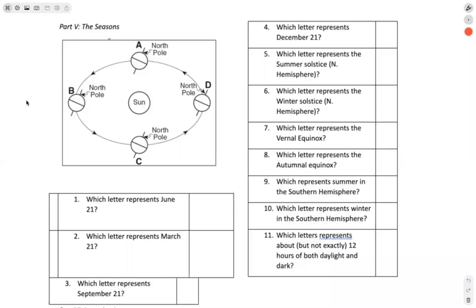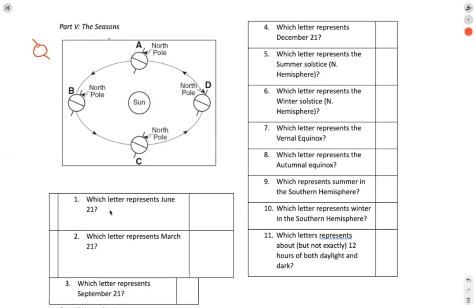The axis is tilted a different way. Yes. So on your doodle notes, your axis is tilted this way. So if this is opposite, what is that going to tell you about the dates and seasons on your doodle notes compared to here? That they're going to be the opposite of what our doodle notes say. Yes, exactly.